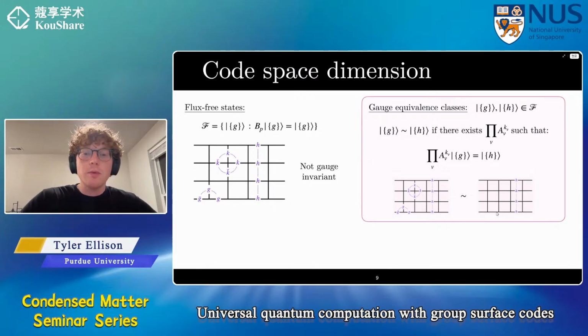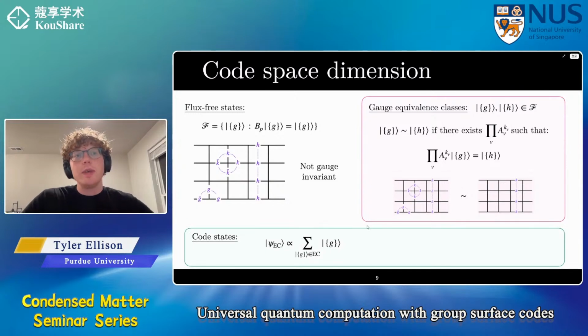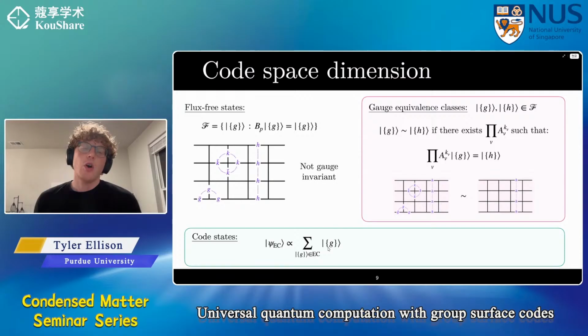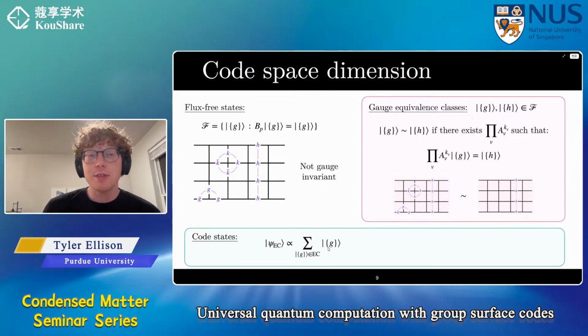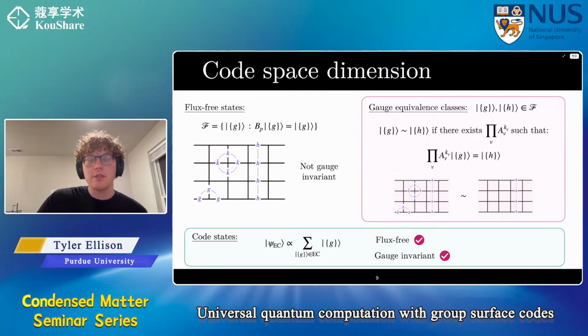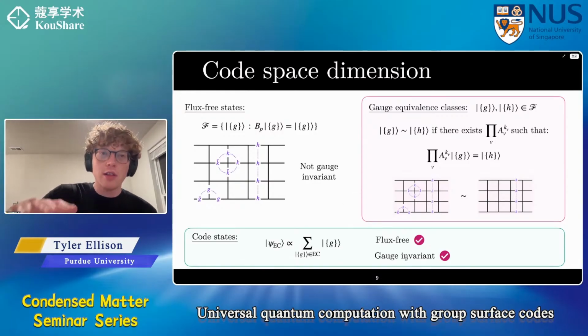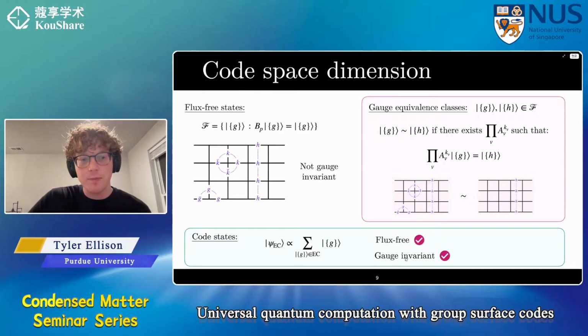In order to form code states, we can take an equal amplitude superposition over flux-free states in a gauge equivalence class. These will be flux-free because it's a superposition of flux-free states, and gauge invariant because we include all of the configurations in the same equivalence class.